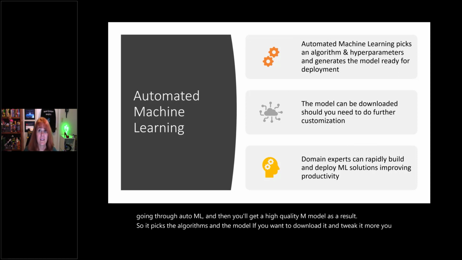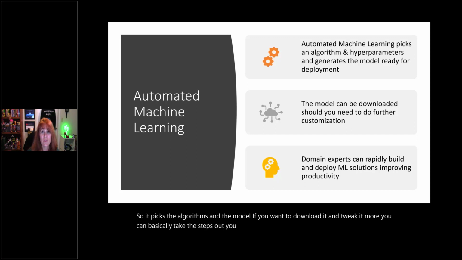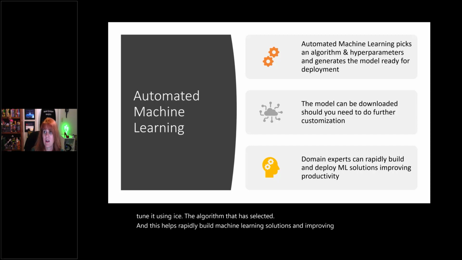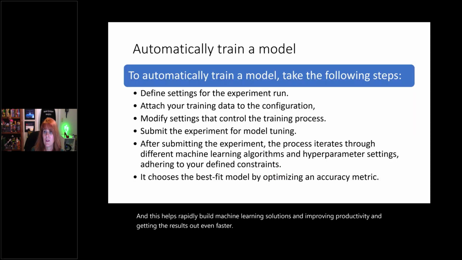You can basically take the steps out. You know what it picked, so you could look at how you could further tune it using the algorithm that it has selected. And this helps rapidly build machine learning solutions, improving productivity and getting the results out even faster. So you want to define the settings and train it and choose the best model.